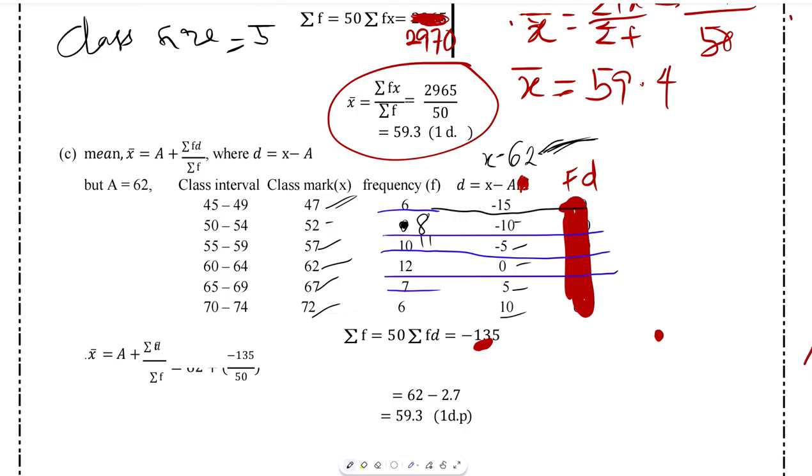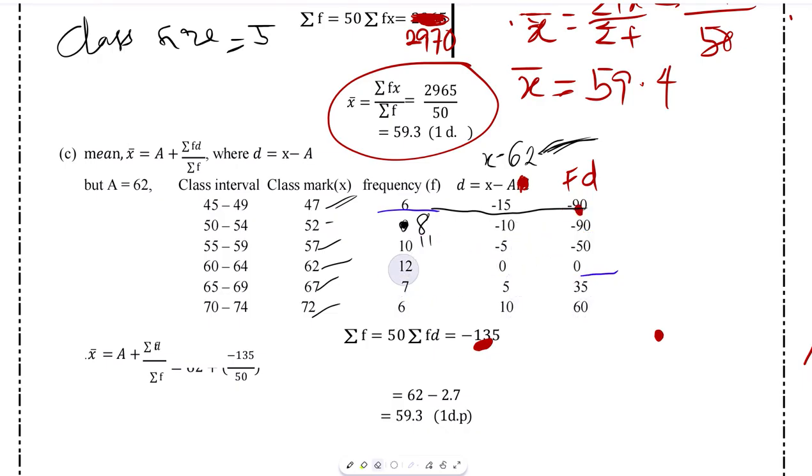So that's how we got all those parts. I'm sure you understand how I got that D part now, which is X minus A.